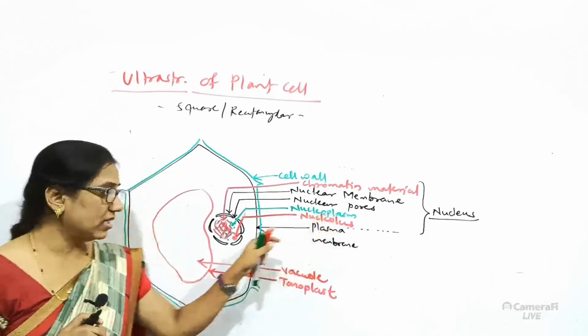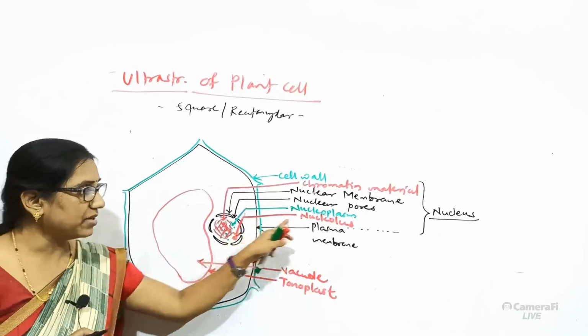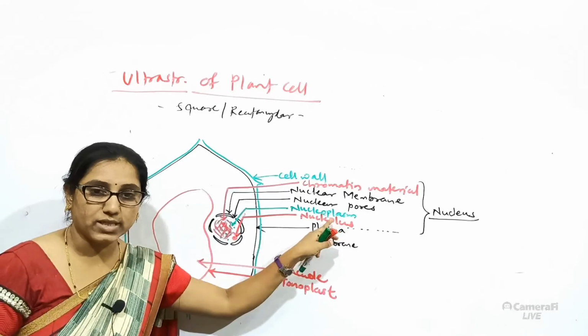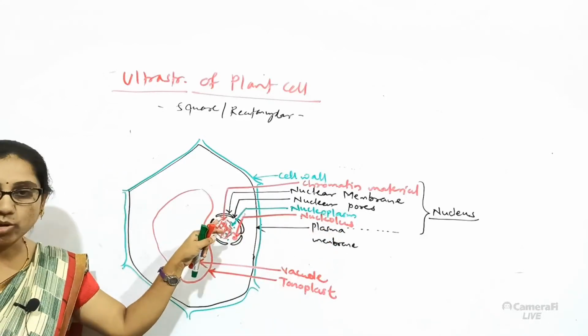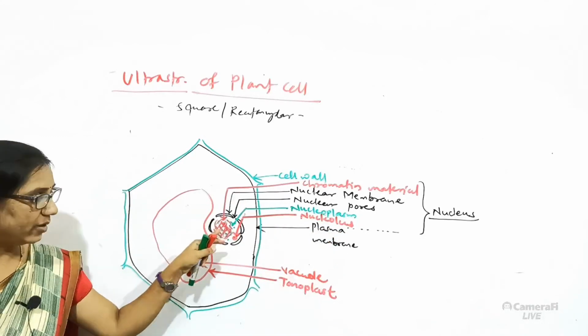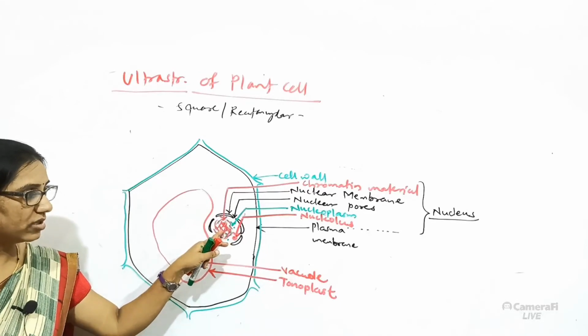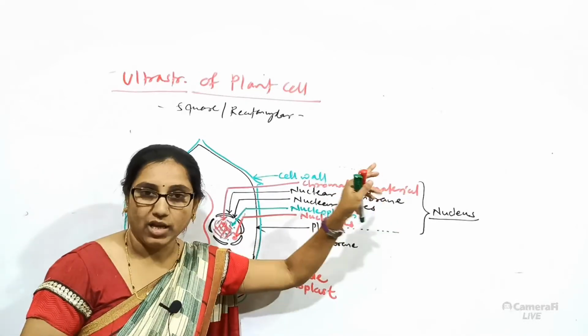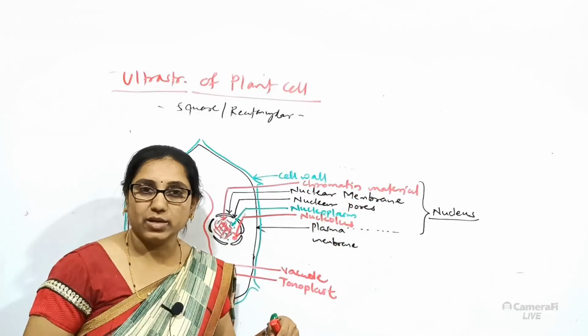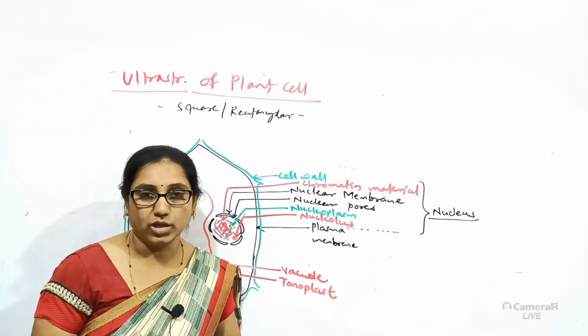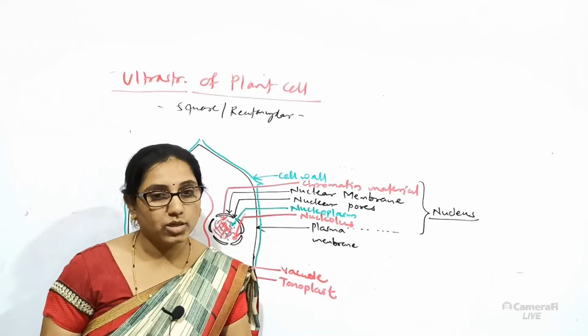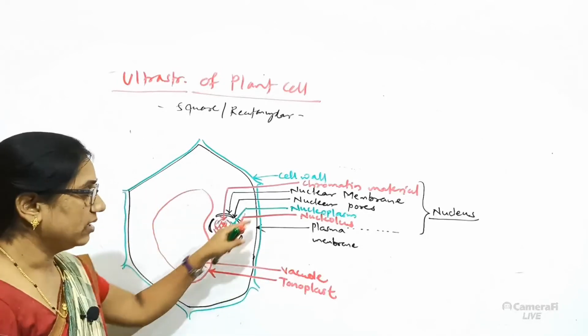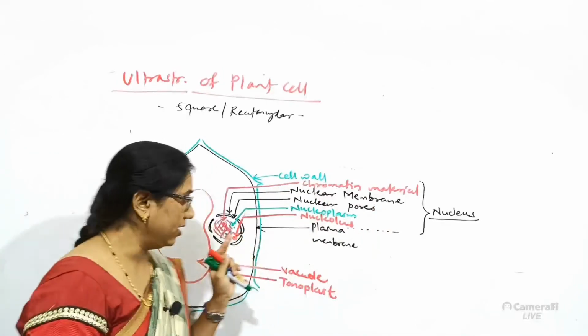Inside the nucleoplasm, one or more rounded bodies are present, called the nucleolus, and it shows a network of thread-like structure. What is this network called? It is called the chromatin material. You know that this chromatin material undergoes coiling and forms the chromosomes. So this is the structure of the nucleus.